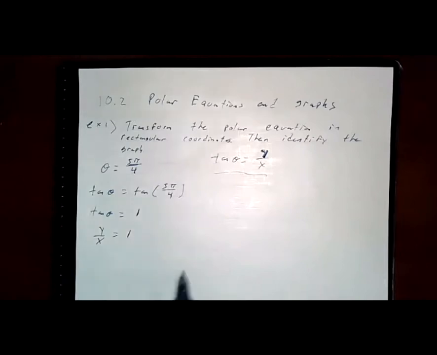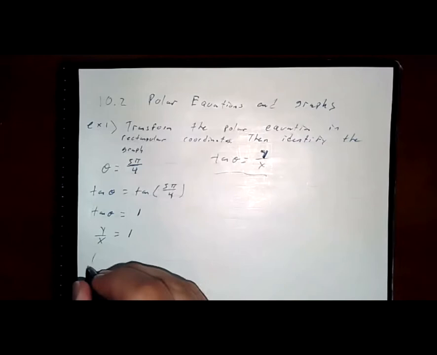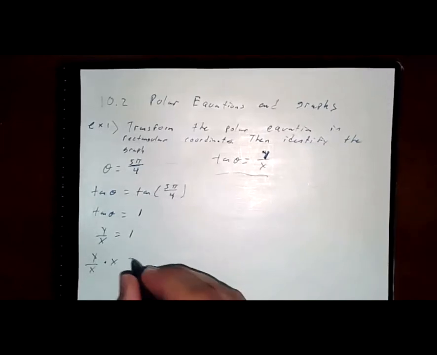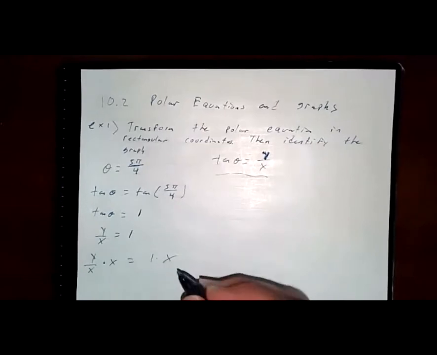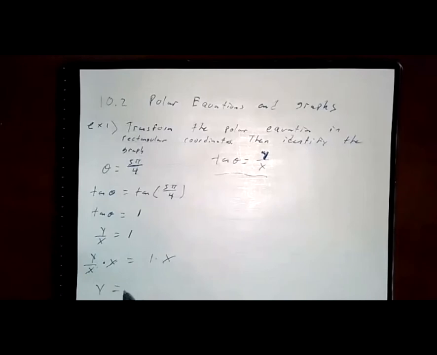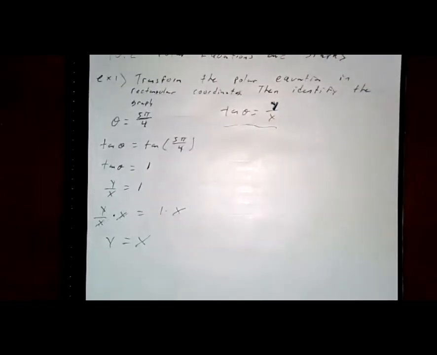Then just multiply both sides by x, and you'll solve for y. So these x's will cancel. y is equal to x. At this point, this is just a 45-degree angle line, right?